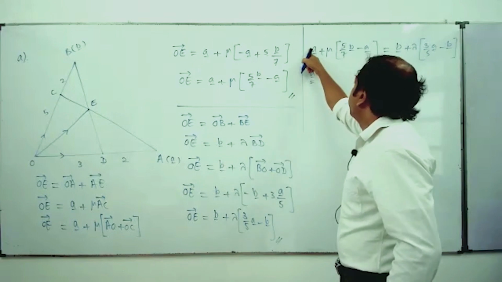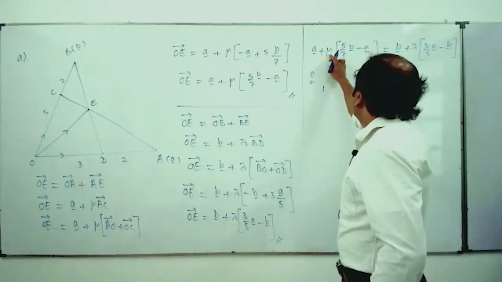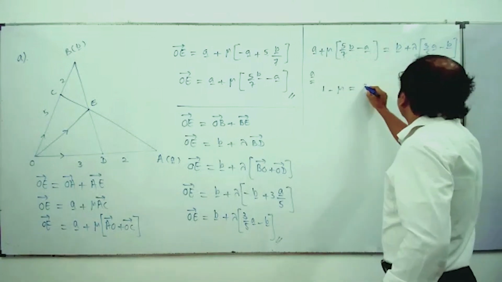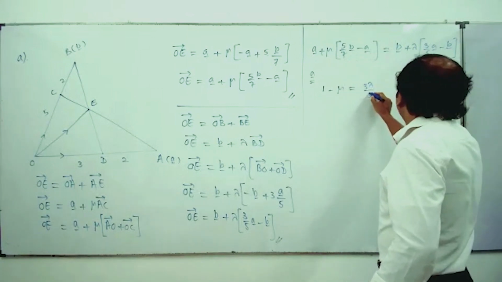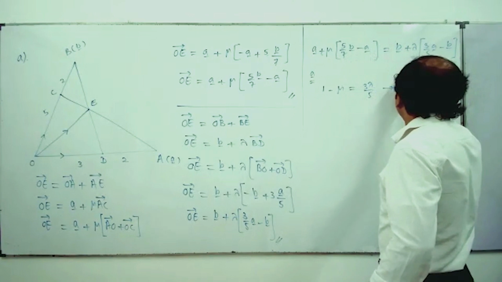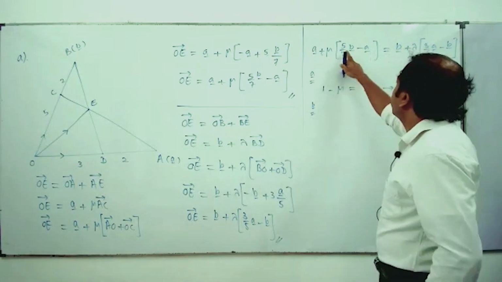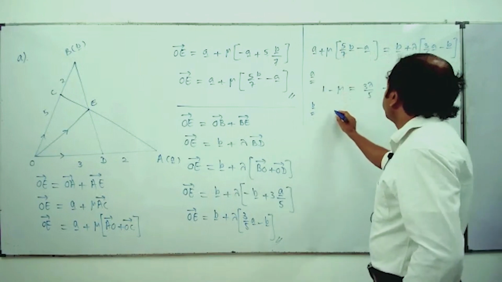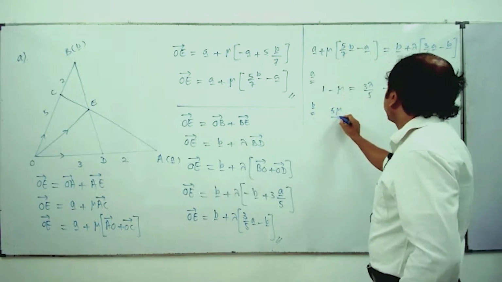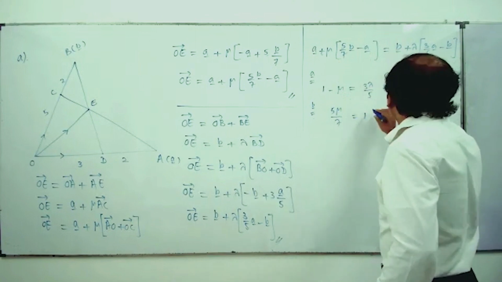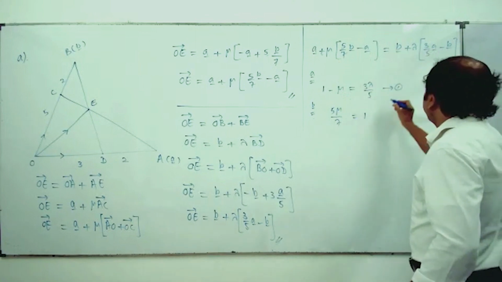Here coefficient 1, here minus mu, and here 3 lambda by 5, number 1. And B coefficients, when we equate, here 5 mu by 7, right hand side here 1, when we remove the bracket here minus lambda, number 2.